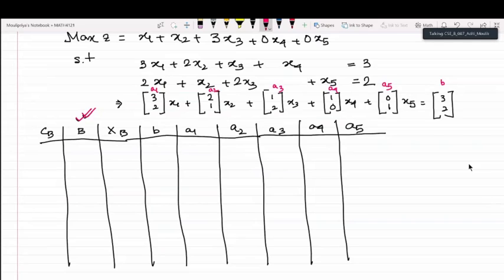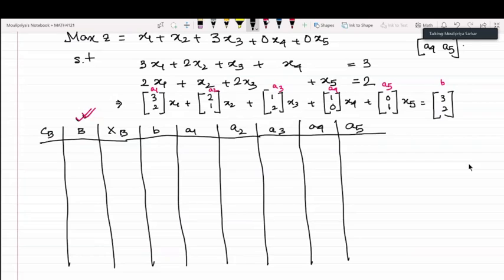x1, x2, x3. No. Oh, sorry. x4 and x5, non-basic. Exactly. Because if you consider the determinant of the coefficients of x4 and x5, that will be A4, A5.